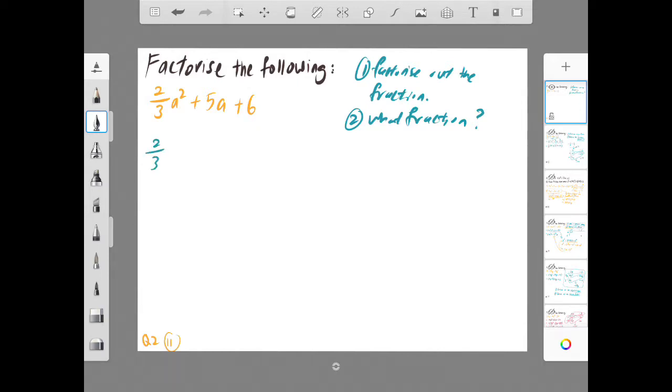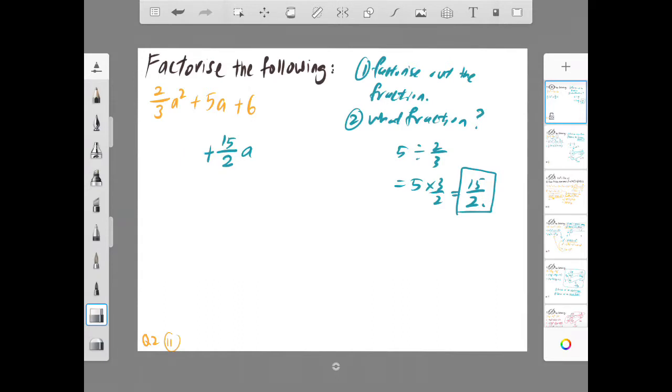Let's say if we factorize out 2/3, what is the coefficient of a now? It will be 5 divided by 2/3, which equals 5 times 3 over 2, which equals 15 over 2. So in this example, it is not feasible to factorize out 2/3, because we are going to have another fraction for the coefficient of a, and later on we have to factorize out that fraction. So it is not advisable to factorize out 2/3.